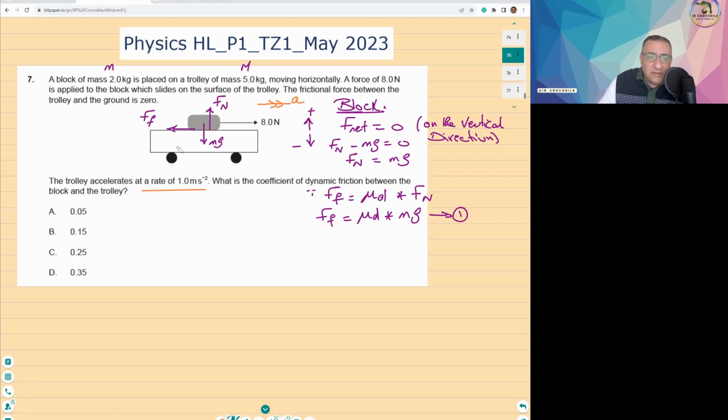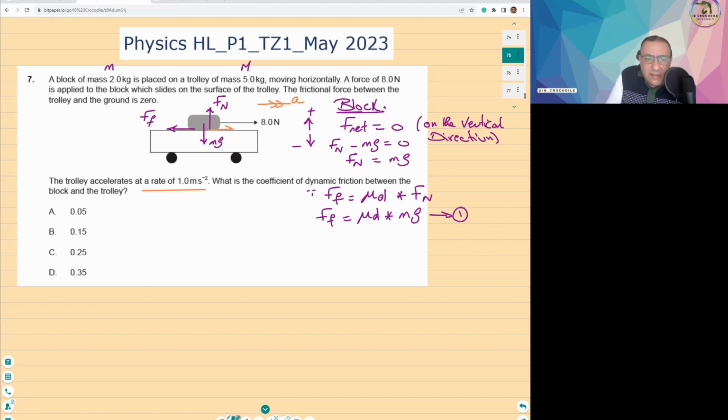The answer is using Newton's third law. Newton's third law states that for every action, there is a simultaneous reaction equal in magnitude and opposite in direction, meaning that the frictional force is part of a pair of forces.